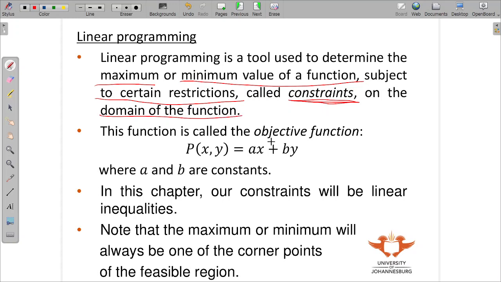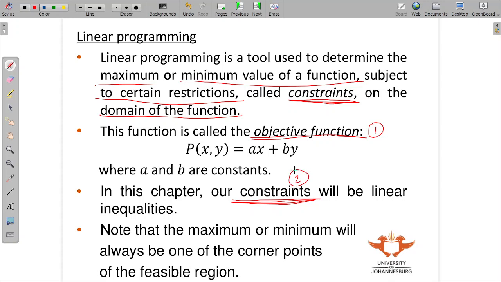So in linear programming, first we have what we call the objective function. A linear programming problem has two parts, the objective function and the constraints.